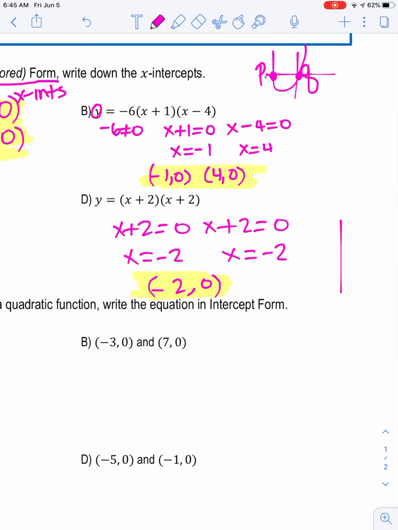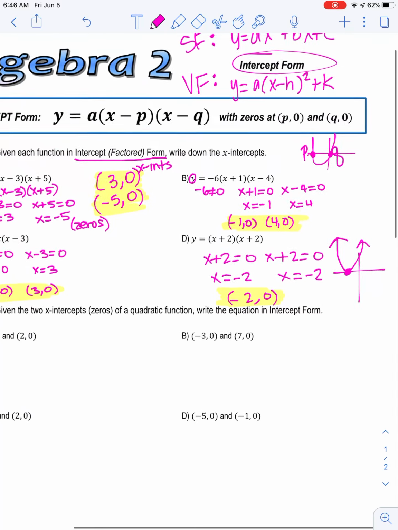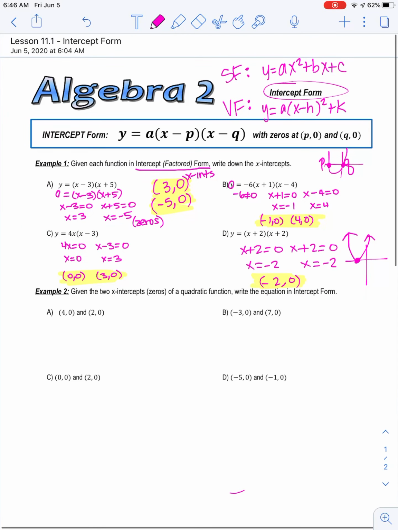What this would look like on a graph is something like this, where we're only crossing the x-axis once, and this graph is opening upwards. So our parabola would look something like that. On the rest of them, like I drew above, your parabola is crossing over the x-axis twice.